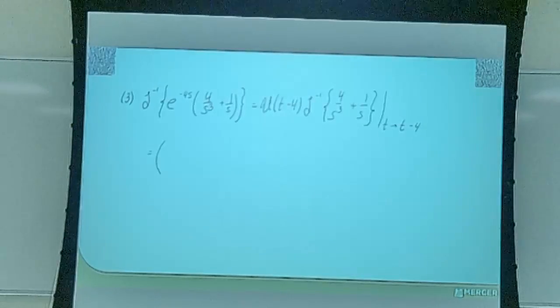What's the transform of 4 over s cubed? 4t squared? Is it? No. So I look at my table.